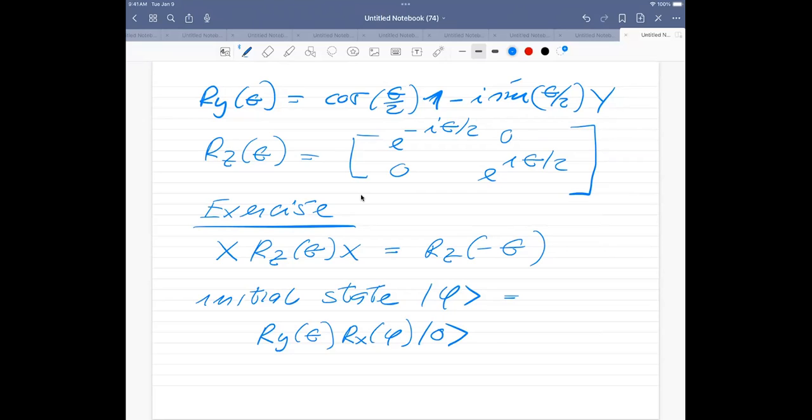So that means that what we have here is a function which depends on theta and phi. And when it comes to the variational principle, we are going to use these as parameters. So that means that this is our ansatz for the trial wave function.